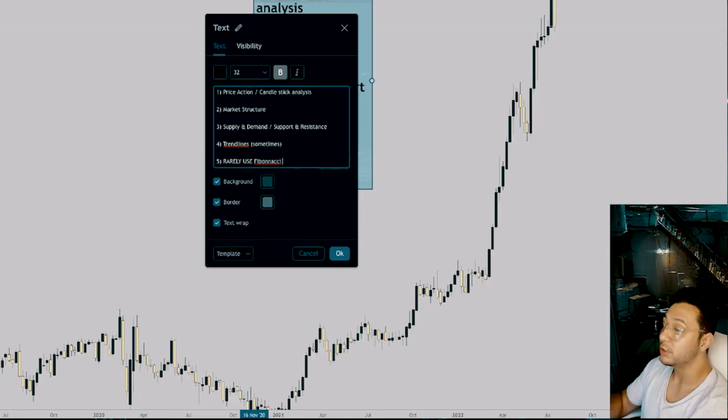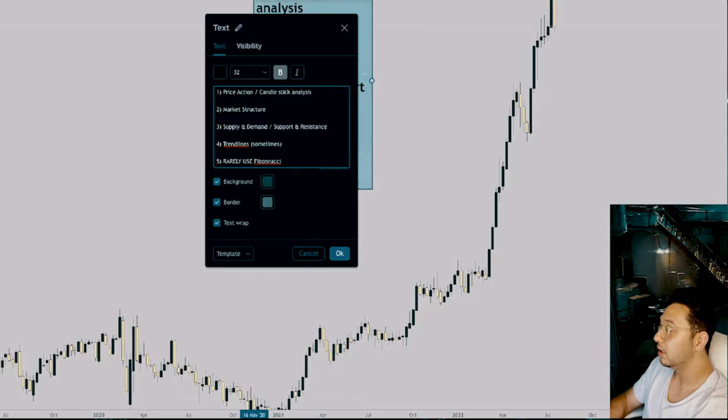What matters is price action and market structure. Oftentimes the Fibonacci can get you locked into trades that aren't necessarily valid based off price action and market structure. I did use it a while ago, but I have not really used Fibonacci for a few years now.